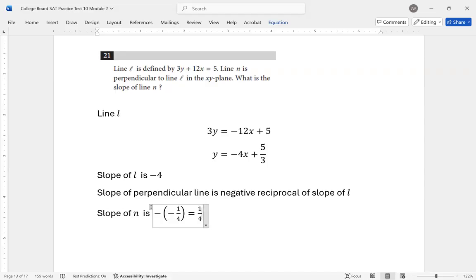So 1/4 is the answer to question 21. The slope of line N is 1/4. And we can stop here. But again, the key thing there: perpendicular lines have slopes that are negative reciprocals.